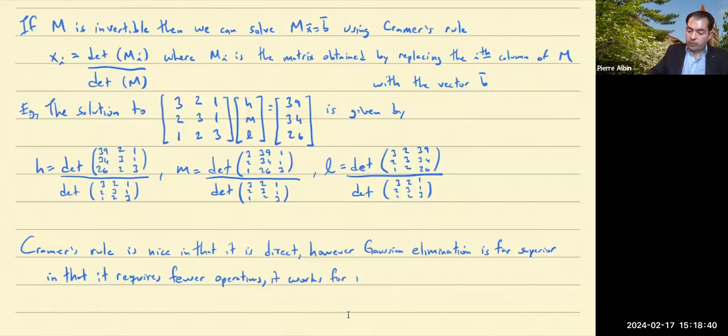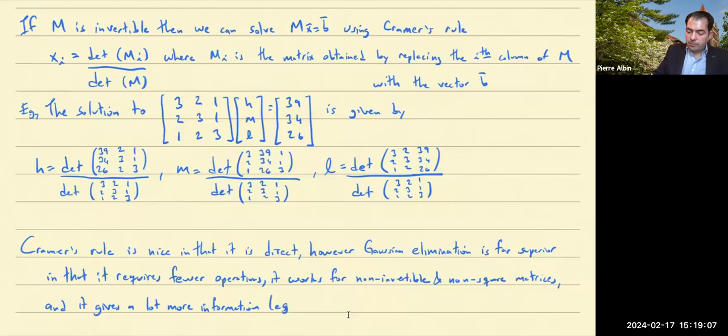It works for non-invertible and non-square matrices, right, for which the determinant doesn't make any sense. And it gives a lot more information.